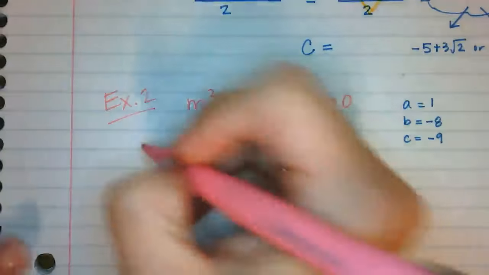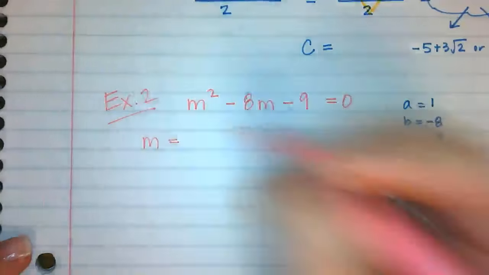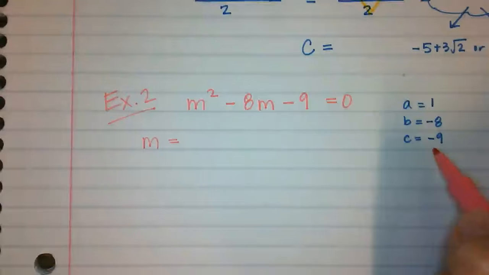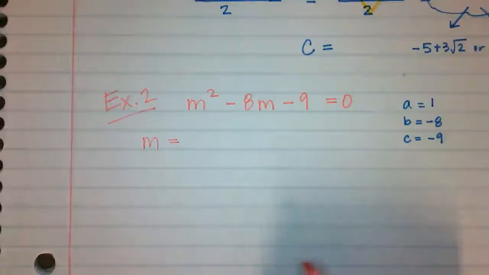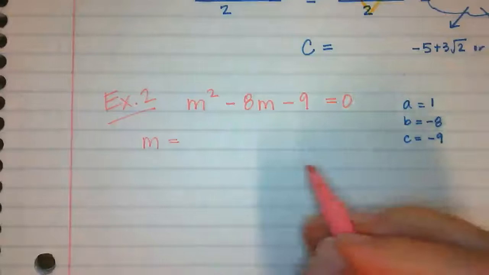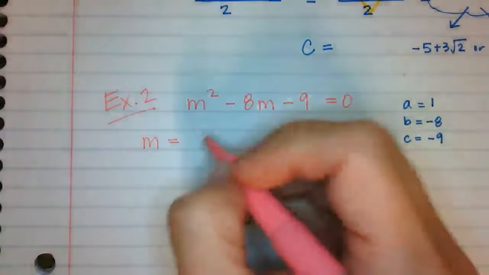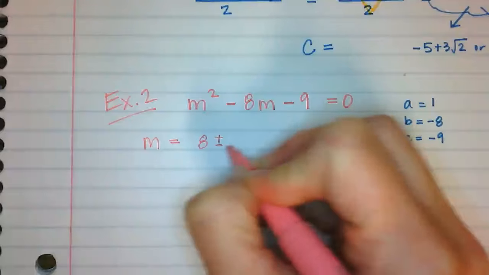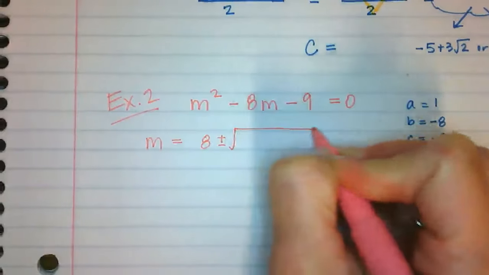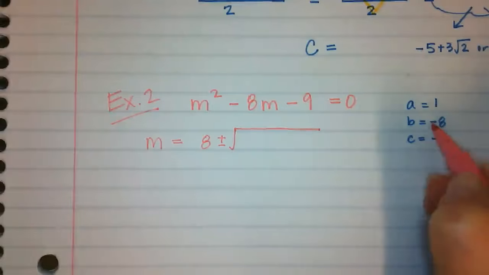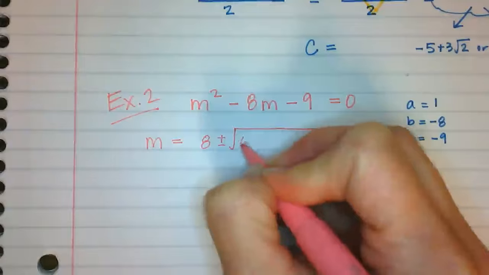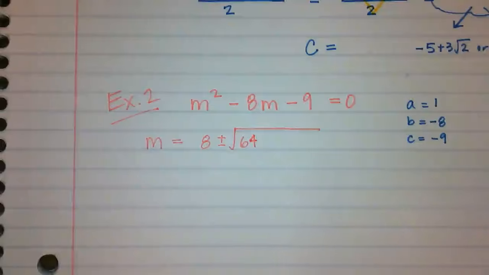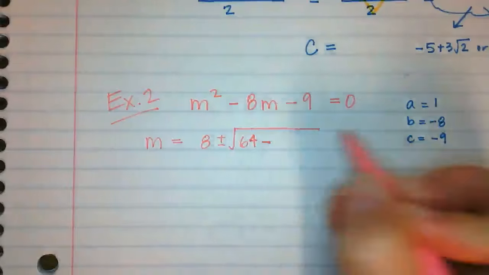So now, to figure out what M is, I am going to simply take these values and fill them into the quadratic formula. So negative B is going to be a positive 8 plus or minus the square root of B squared. So negative 8 squared is going to be 64. And then I have a minus.